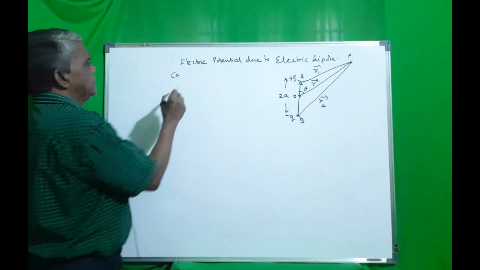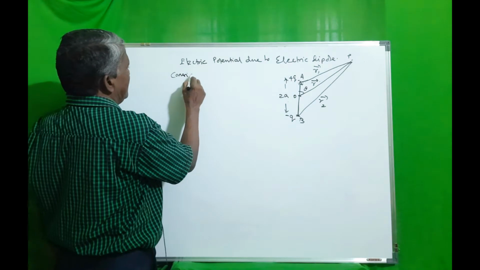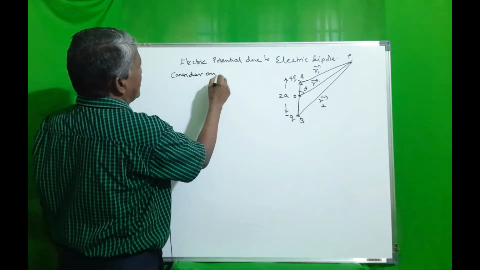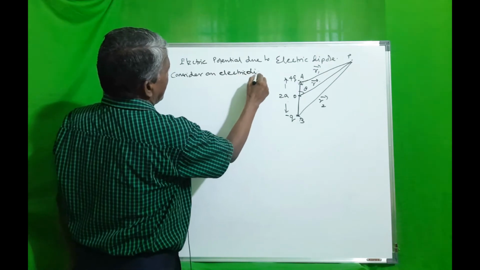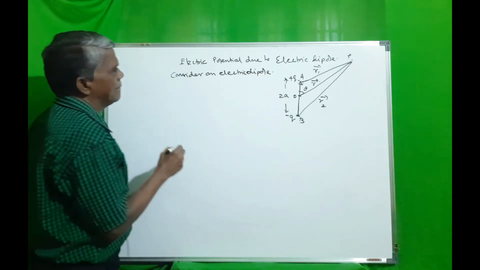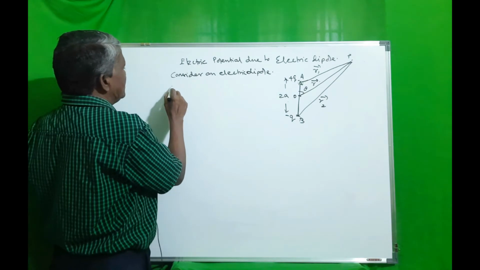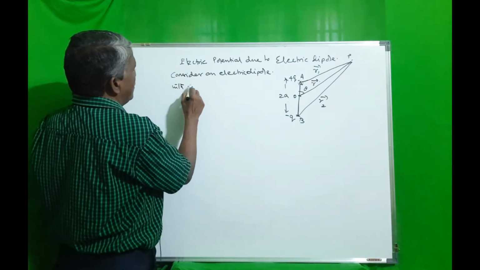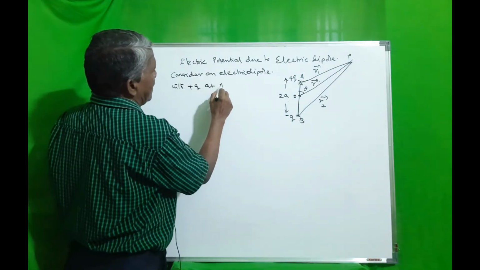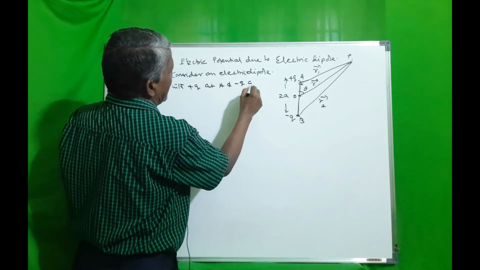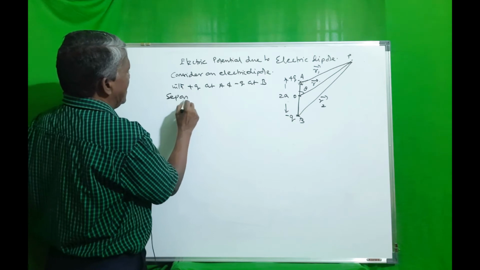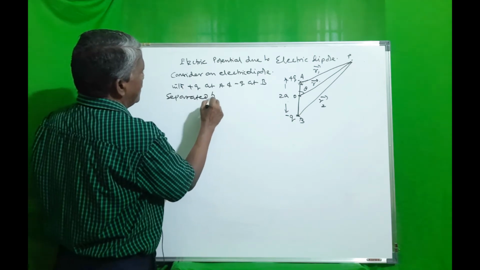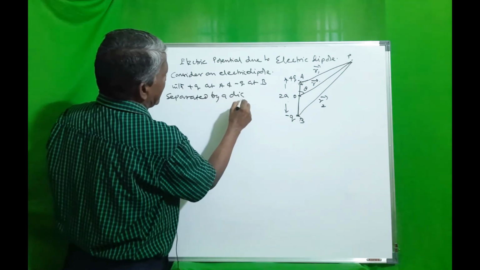Consider an electric dipole with plus Q at A and minus Q at B, separated by a distance 2a.